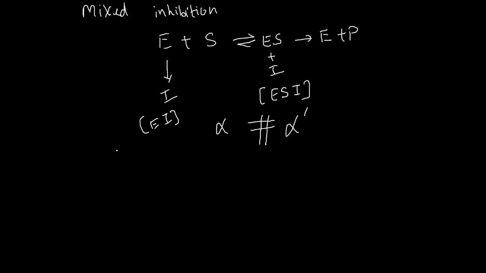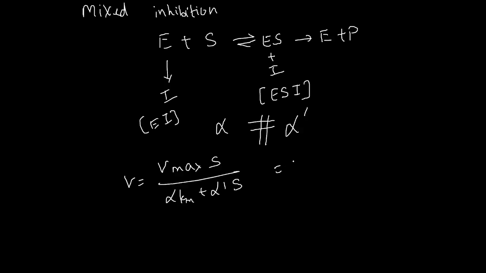In the mathematical terms, if you will see here, V is equal to Vmax S divided by alpha Km plus alpha prime S. Here alpha is not equal to alpha prime. So what will happen in this case?